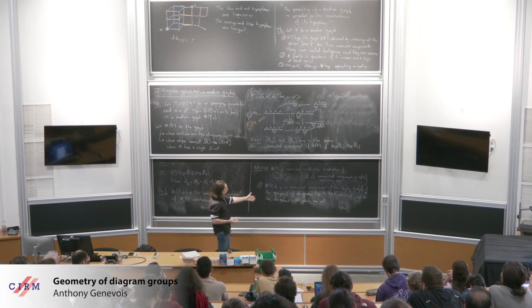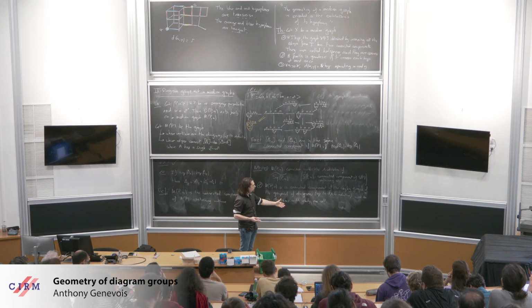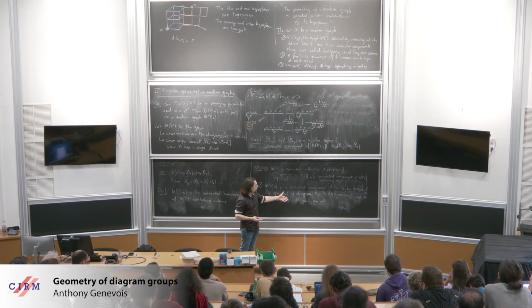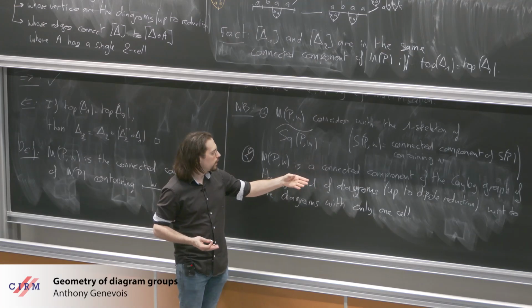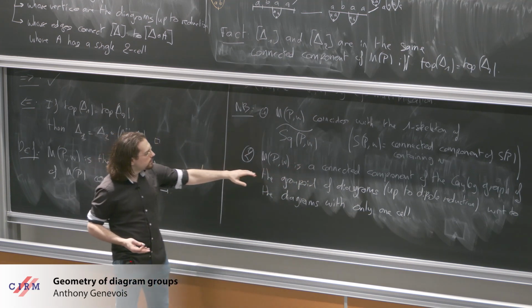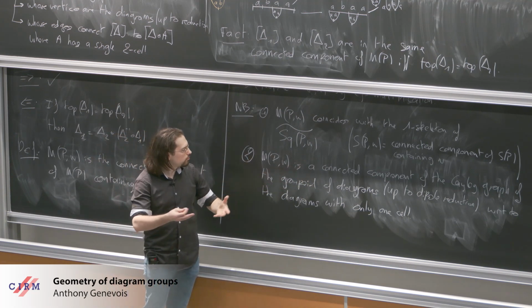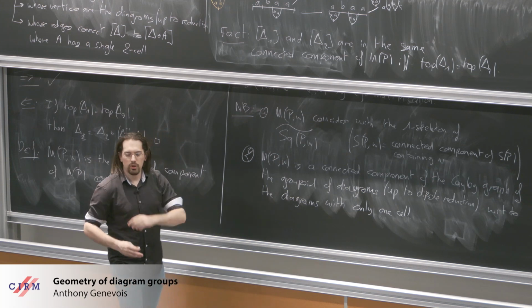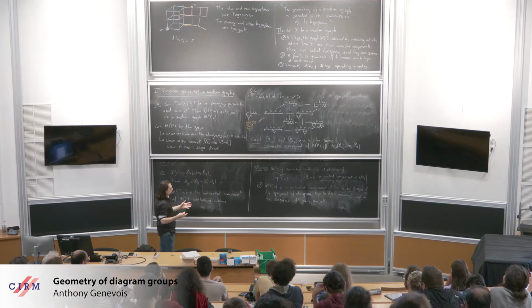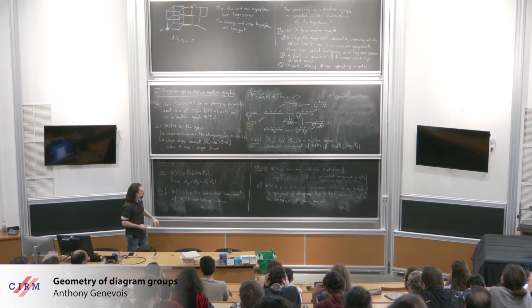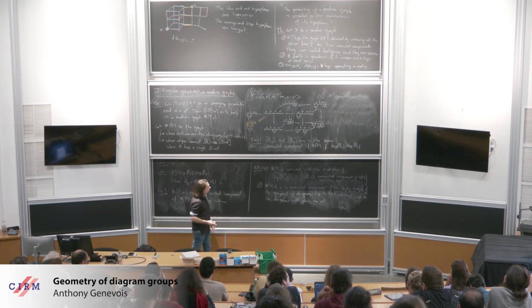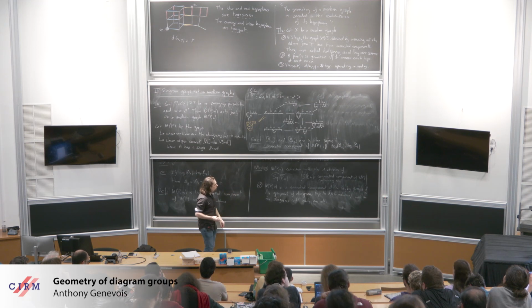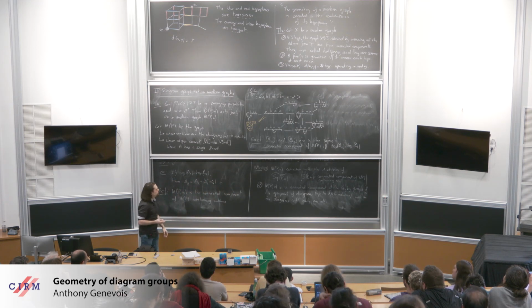And I can look at the Cayley graph with respect to this generating set. In the groupoid, the Cayley graph is not necessarily connected, so I have to choose one connected component. I choose the connected component containing the neutral element, let's say, just the W, so the diagram with no cell. And I get exactly the same construction. But I think this is a point of view which is nice. It's interesting.